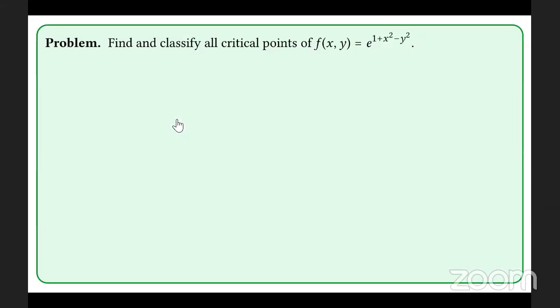Okay, find and classify all critical points of this function. Let's do this. So hopefully my thing is working again. Yes, it's working. Cool. There we go.